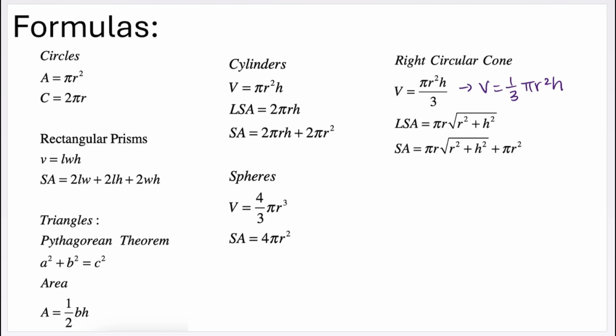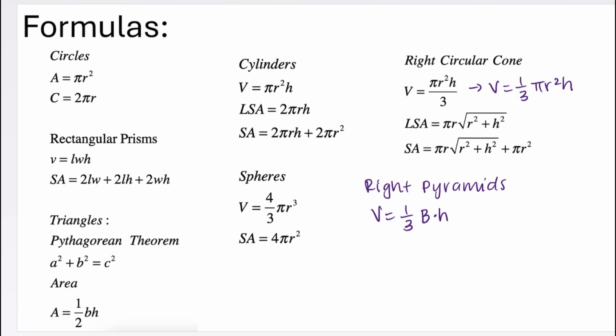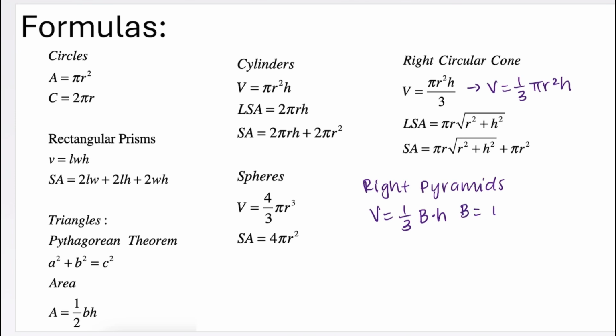Your pyramids, so your right pyramids, the volume is going to be 1/3 the base area times the height. So B is base area times height. Now the base could be a triangle, the base could be a rectangle, could be whatever, but it's the base area. So B equals base area. I don't think that one comes up in any of these examples, but if you ever come across it.